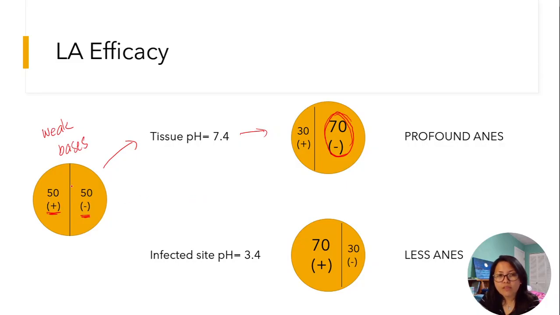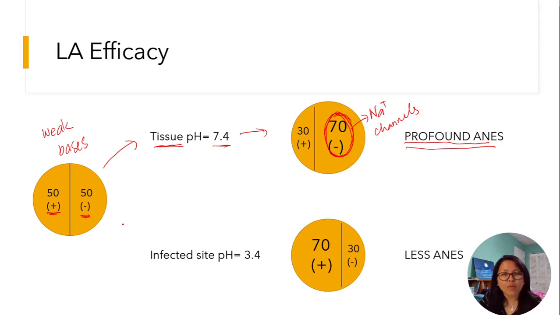So weak bases injected into tissue that has a pH of 7.4, you'd have more unionized molecules. And these unionized molecules are the ones binding to your sodium ion channels. Because more unionized molecules would bind to your sodium ion channels, you would end up getting a more profound anesthesia.